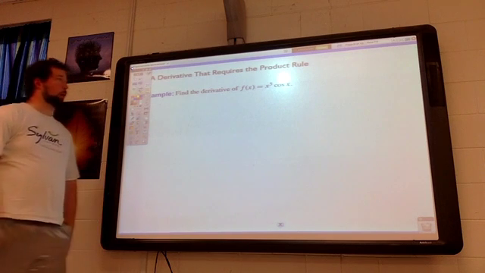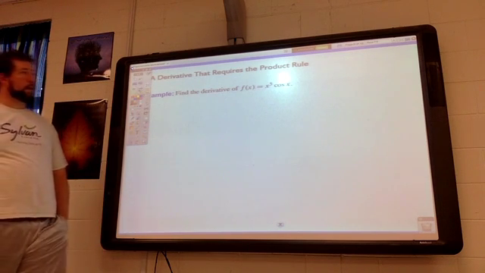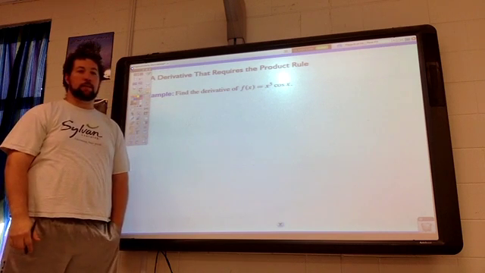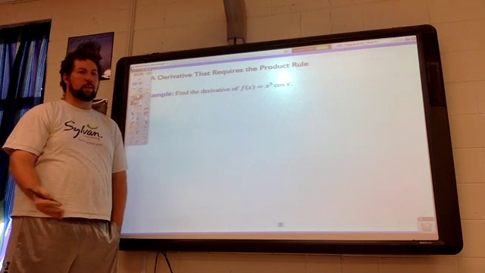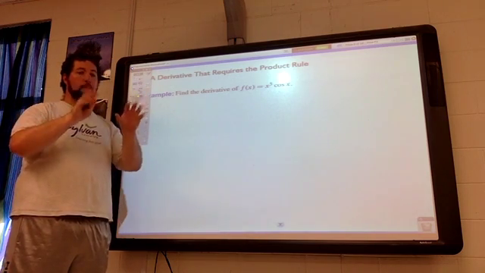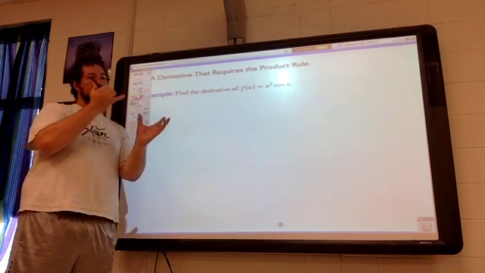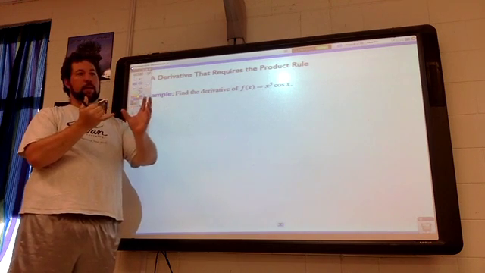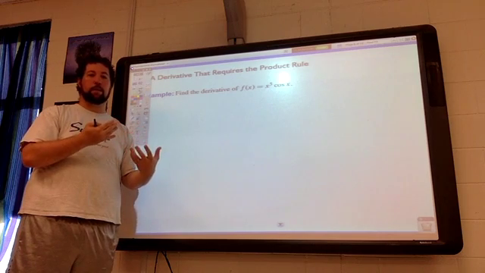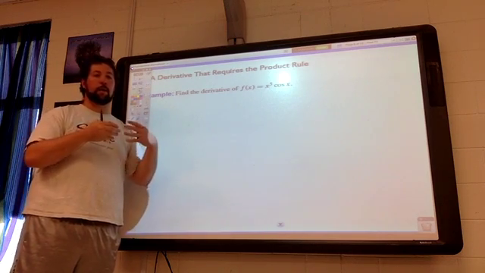Example number 1. Find the derivative of the function x to the 5th times cosine x. This is where actually using the product rule is a little bit better than all that garbage stuff with all the different, hey, x to the 5th plus 3x times x to the 3rd minus 2x, which we could, if we really wanted to, FOIL it out and then do it.